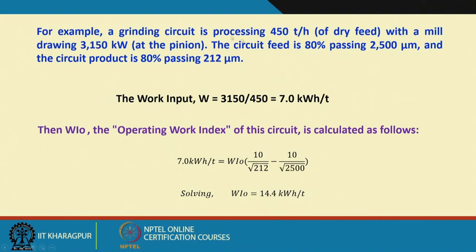Suppose a grinding circuit is processing 450 tons per hour of dry feed with a grinding mill. Do not worry about what mill and all this, we will discuss in due course of time. It is a particle breakage device.